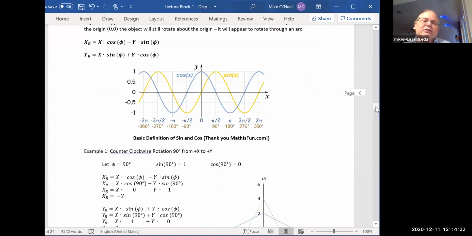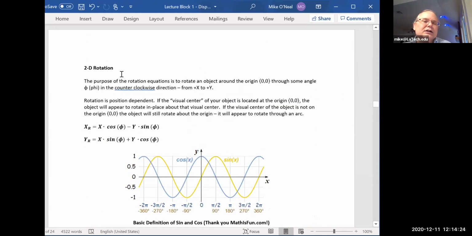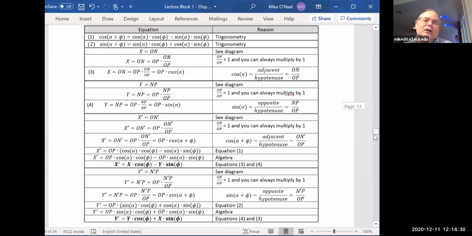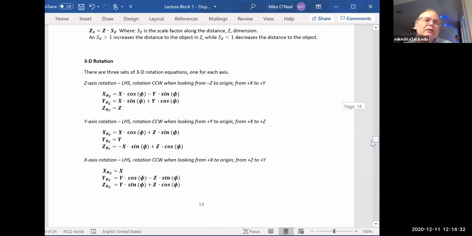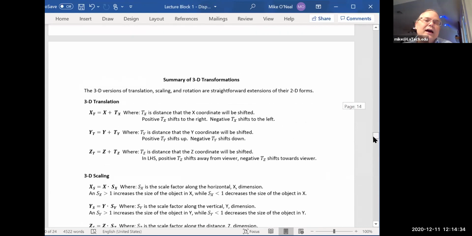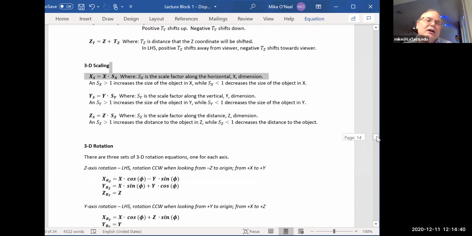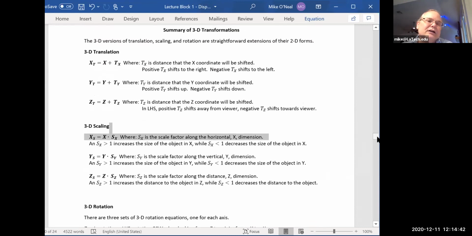So that got us through all the material we wanted to get through today. On Monday, we'll talk about 2D rotation. But again, if you want to skip ahead, we're going to go through all of this, and it's all important. But if you want to look at page 14, this is all of the equations for the 3D transformations that you'll need.